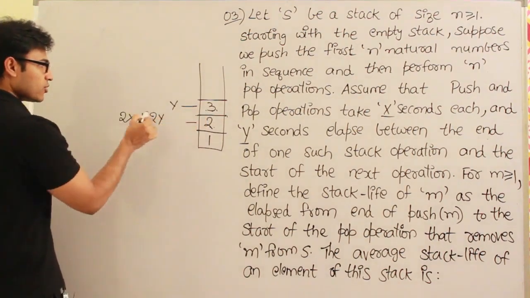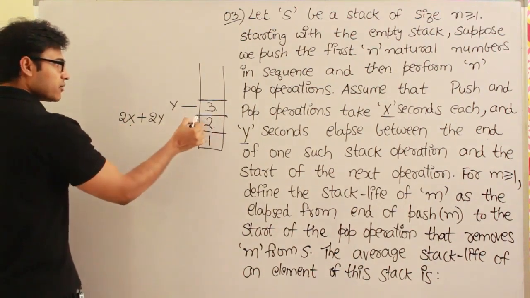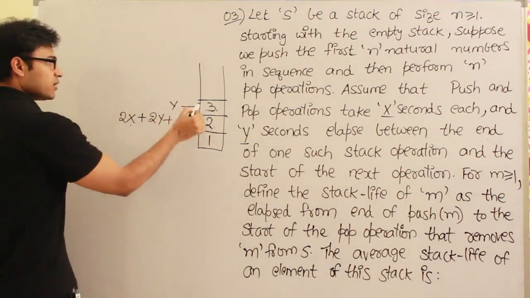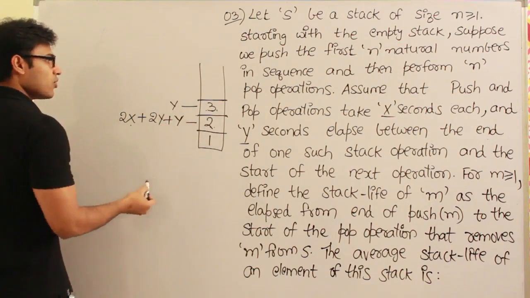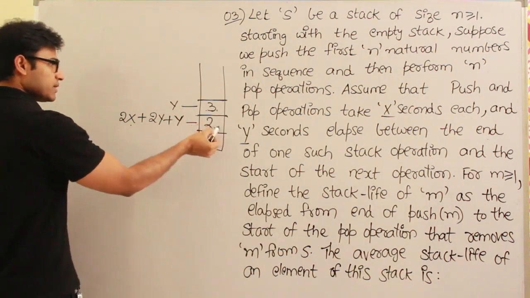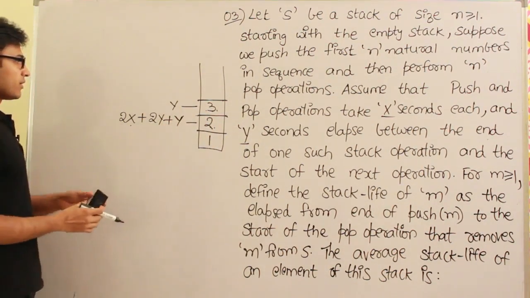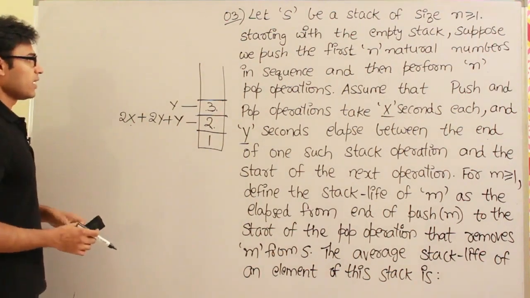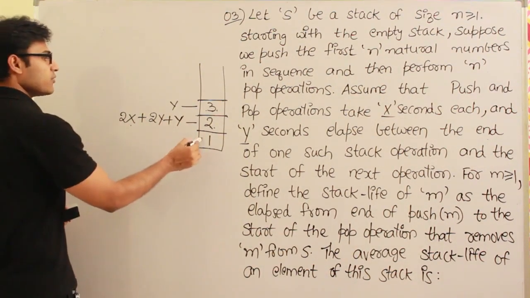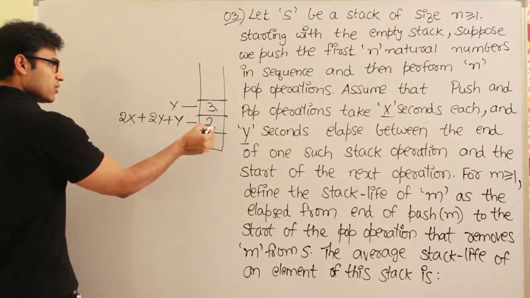Every element will contribute 2 into x, and every line will contribute 2 into y, plus the top line, this one will just contribute y, isn't it? Therefore, the lifetime of 2 is equal to 2 into x plus 2 into y plus y, right? What about this one? Lifetime of this one, how many elements are above it? 2 elements, right?